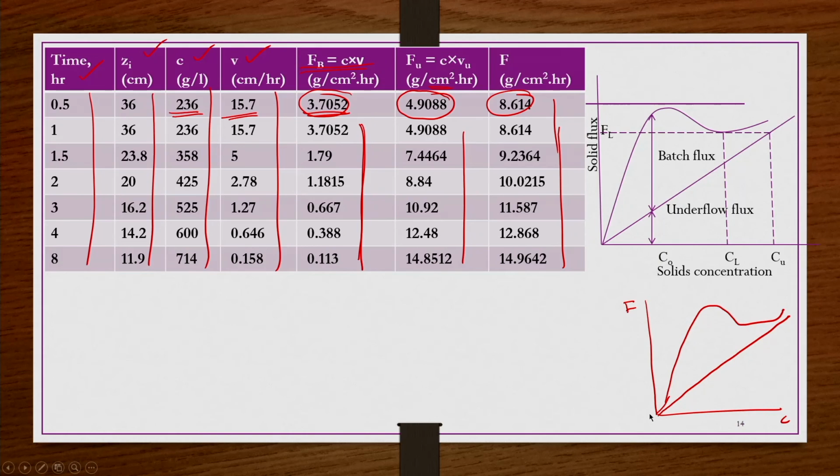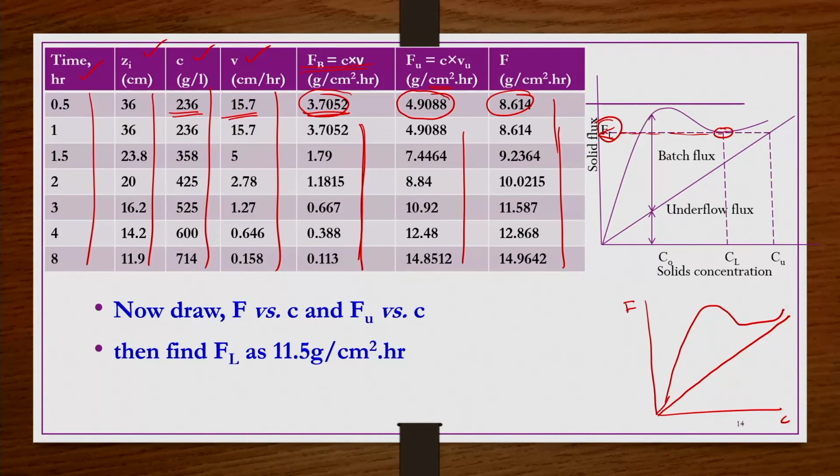The point where the flux is the minimum, the lowest flux point, is nothing but the rate limiting layer solid flux, FL. So that FL you simply substitute, and in this case you will get 15.5 gram per centimeter square hour.